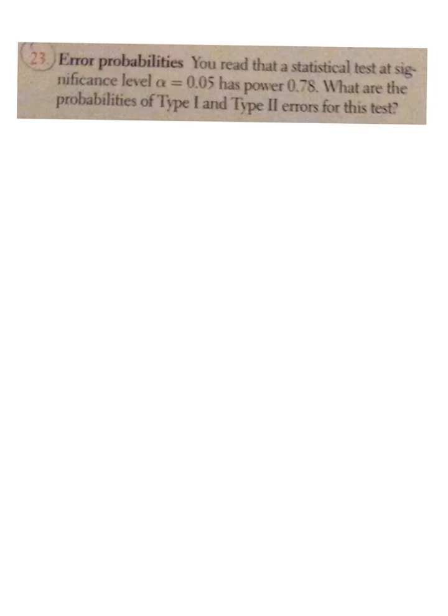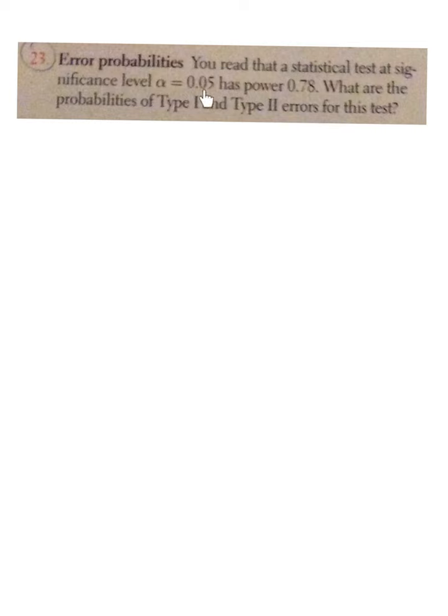So on this one, we are looking at alpha level that has a power of 78, and we want to talk about type 1 and type 2 error. What is the probability that that would happen? Now the type 1 error is a little easier, so let me draw a picture. So here we are.